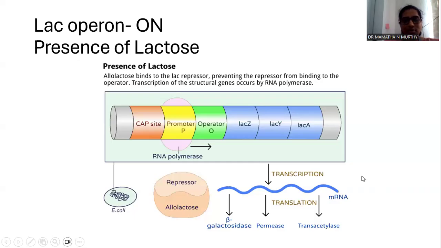So this is how the presence of lactose will regulate the lac functional genes. The lac operon is mainly controlled by presence or absence of lactose. So this can be given as an example for positive as well as negative modes of gene regulation. Thank you.